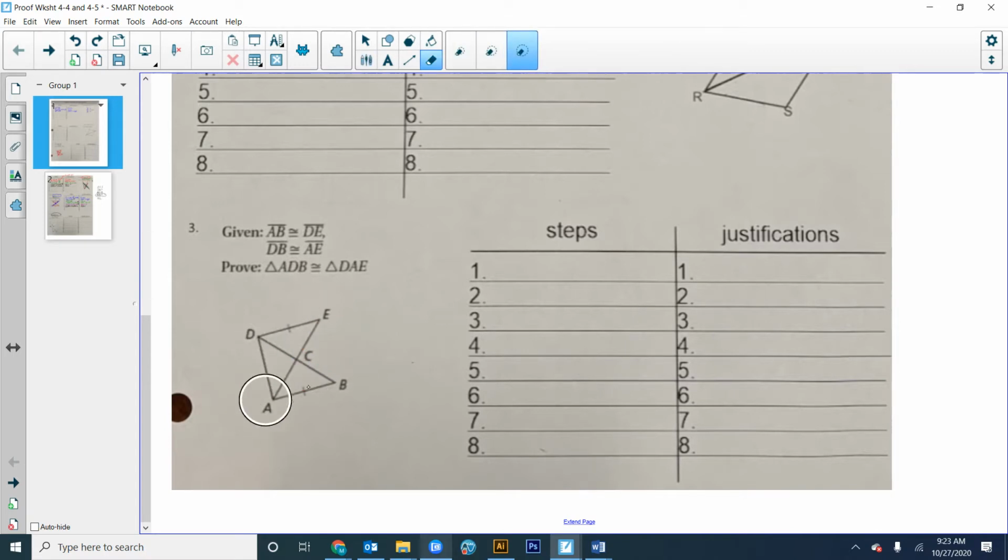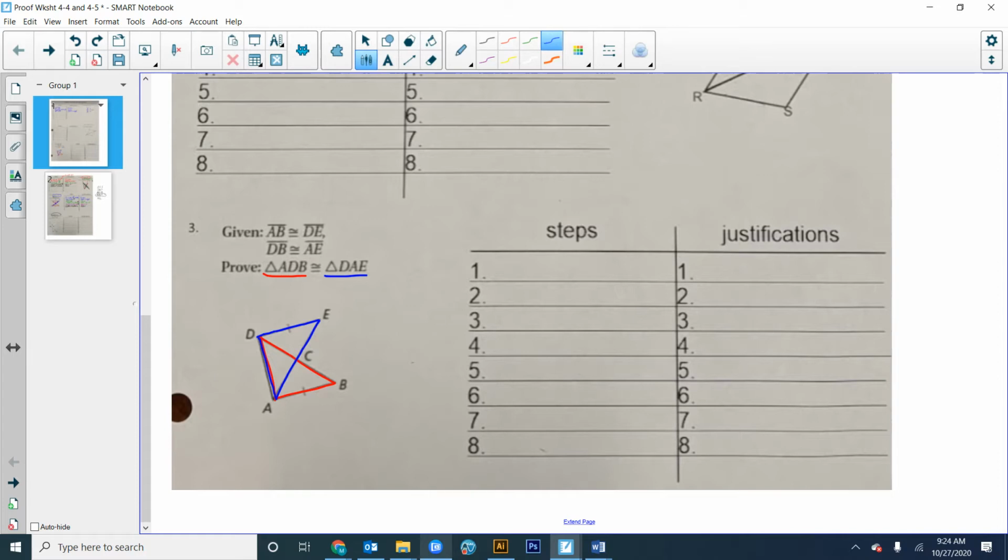First thing I do, I go to the proof statement and I outline triangle ADB. And I outline triangle DAE, because those are the ones I'm trying to prove are congruent. I think I told you guys that yesterday to outline them.